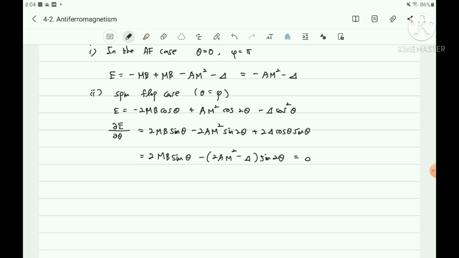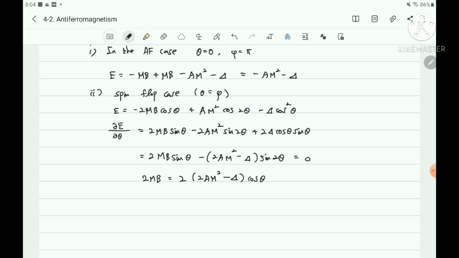Since sine 2 theta is 2 sine theta cosine theta, and sine theta cancels, 2mB equals 2(2A m squared minus delta) cosine theta.